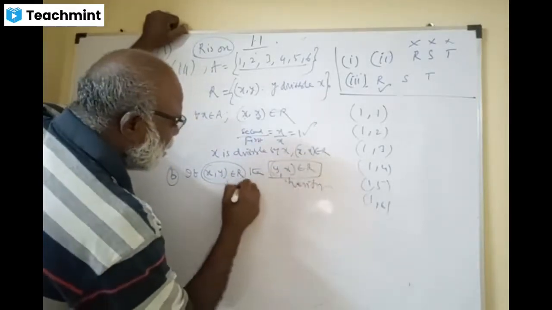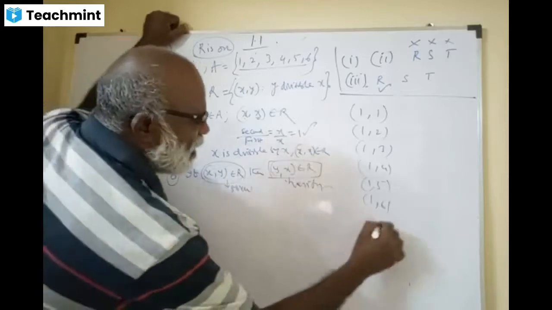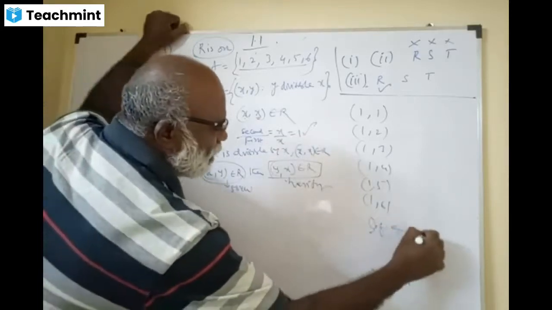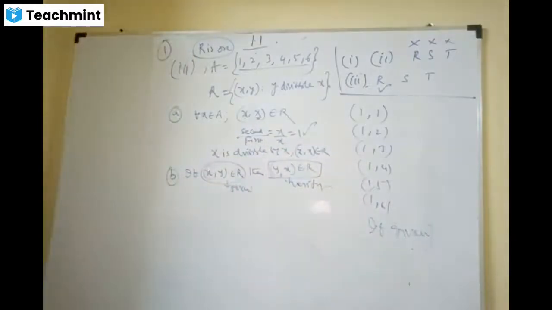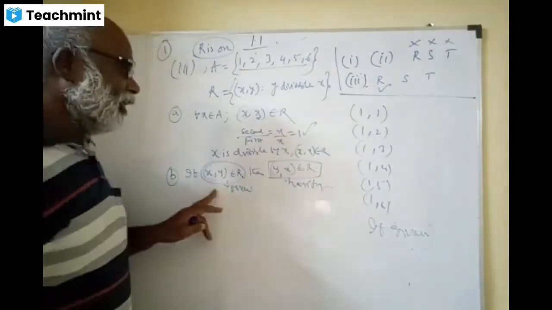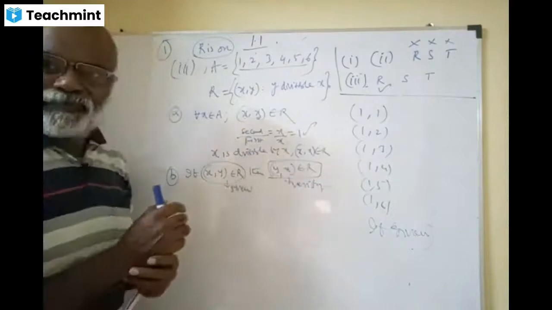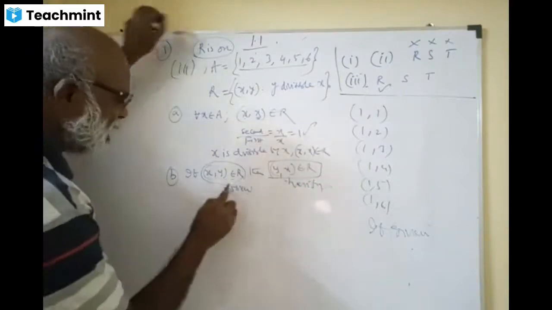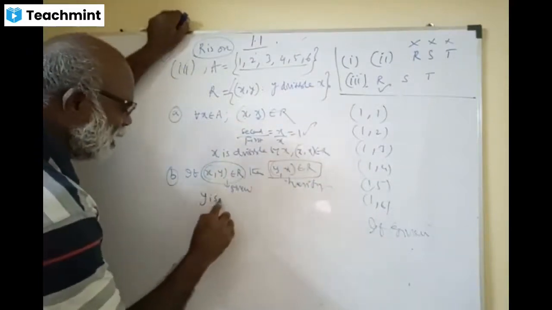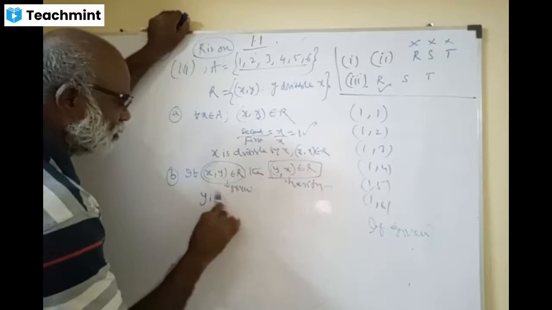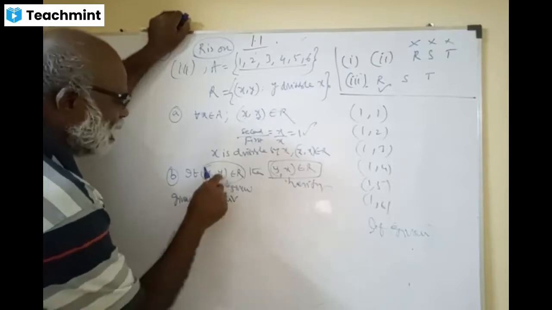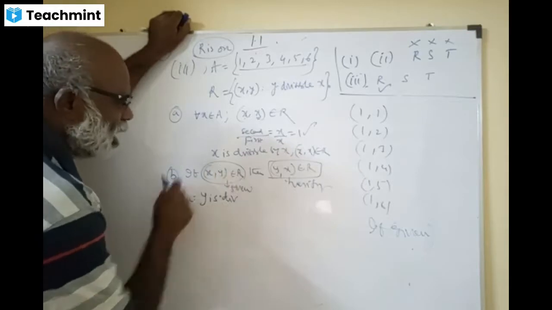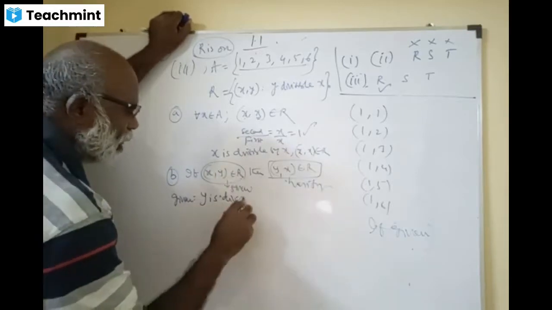Note down this one, please. If this is given to you, is it true or not? Now it is given that y is divisible by x, because (x, y) belongs to R. You need to verify here.